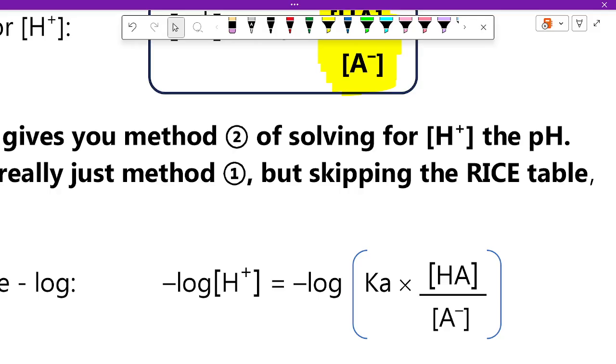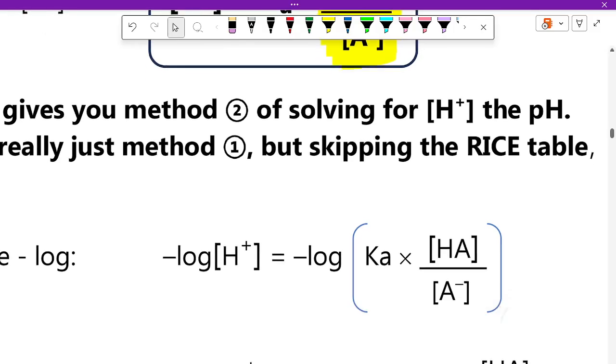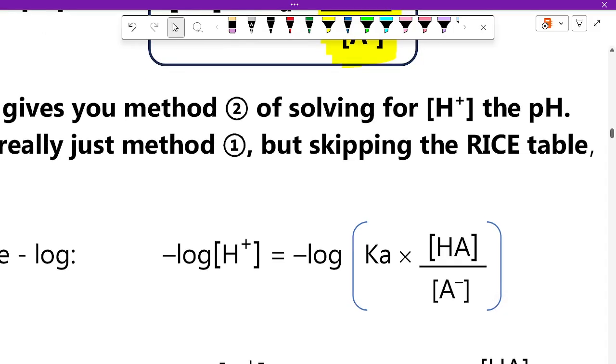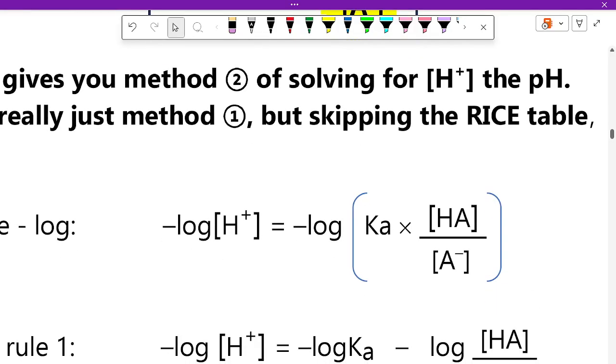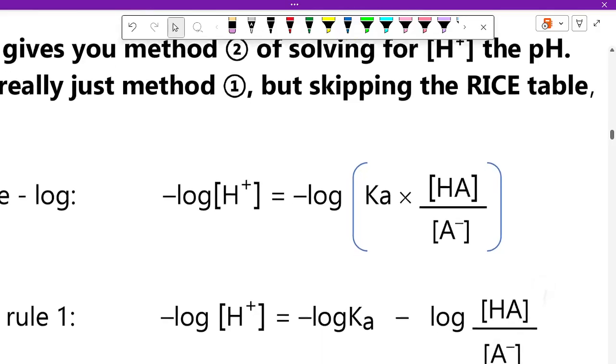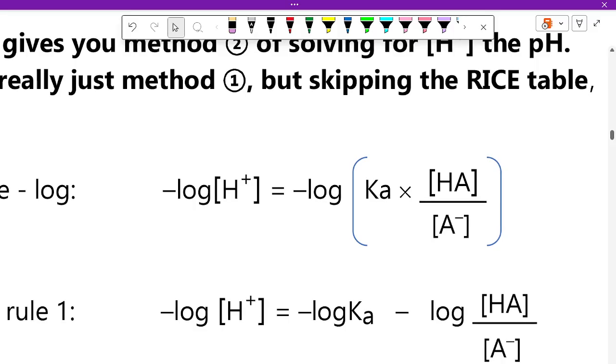This is how we get to the Henderson-Hasselbalch equation, which is a fantastic name. So, the negative log of H, using our log rules, is equal to the negative log of Ka minus the log of [HA] over [A minus].